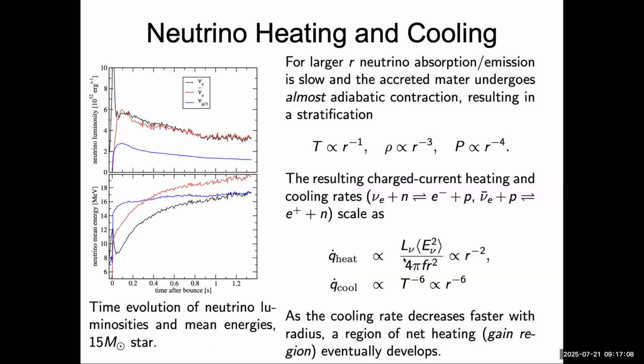That results in a heating rate that goes with r to the -2, whereas the cooling by neutrinos, if it's proceeding primarily by electron or positron captures, under these thermodynamic conditions, relatively hot non-degenerate matter, tends to be proportional to T to the 6, and that gives rise to a radial dependence of about r to the -6. This implies that eventually, once the shock has traveled far enough outward during this quasi-stationary evolution, there will be a region where the neutrino heating wins and you get net neutrino heating.